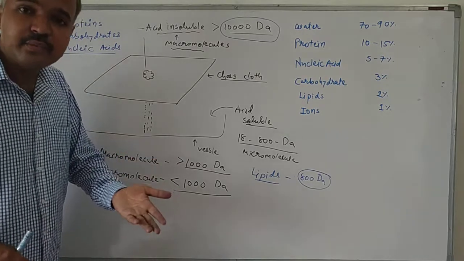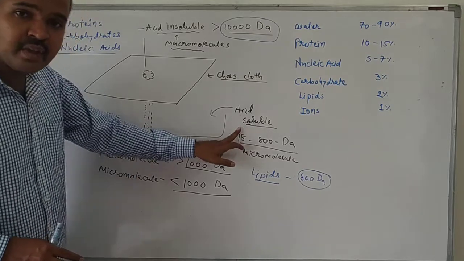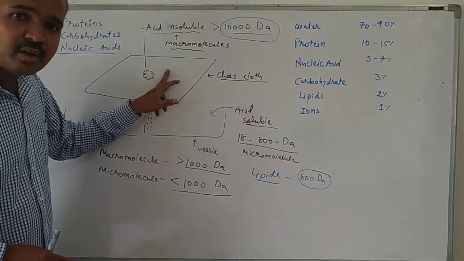Why are lipids not present in the acid soluble fraction, and why are they found in the acid insoluble fraction?